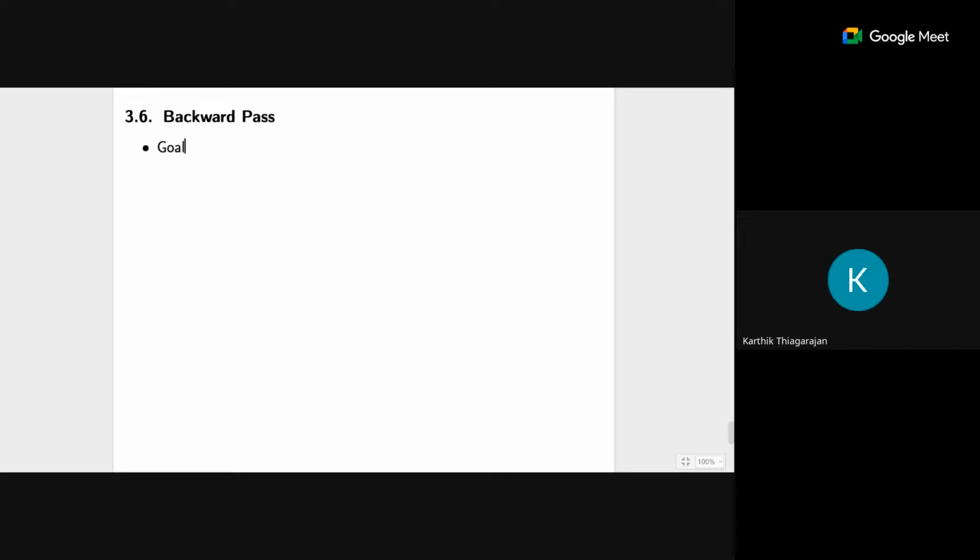The goal is to find parameters, weights and biases, that will decrease the loss. That will minimize the loss. So we want parameters that will minimize the loss on a given data set.